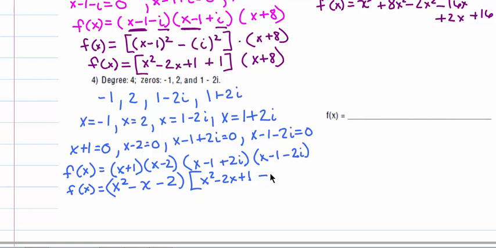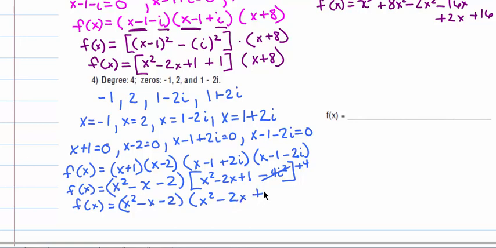Then minus 4i squared, which means for this one, then I add 4. So I have f of x is equal to x squared minus x minus 2 times x squared minus 2x plus 5.